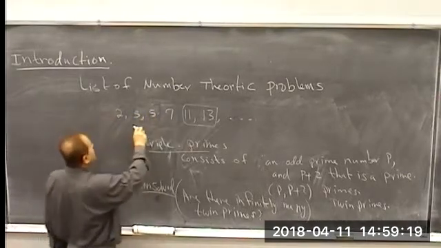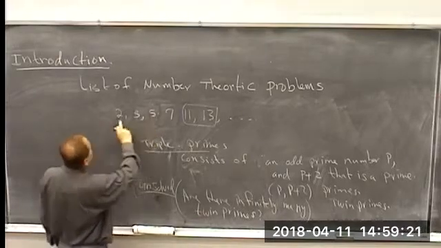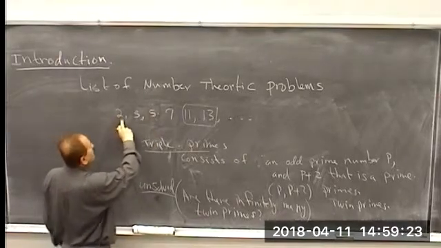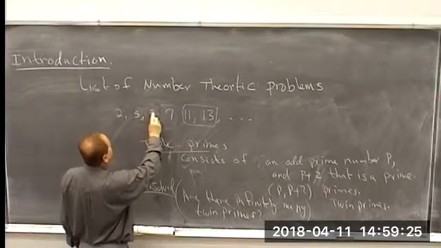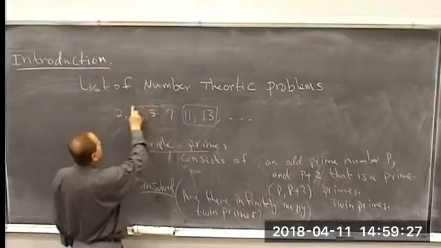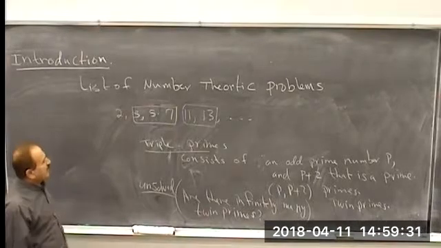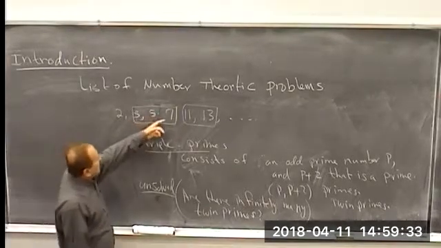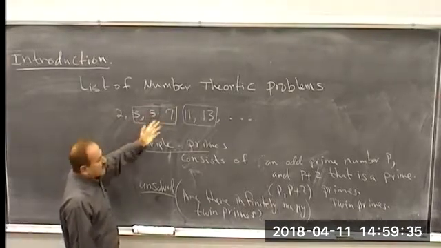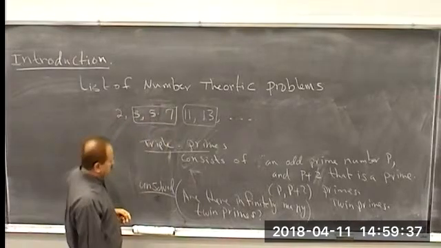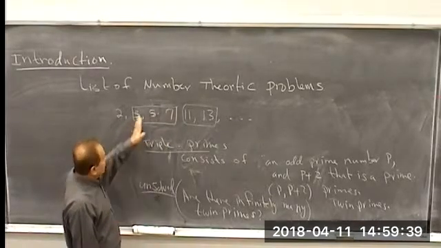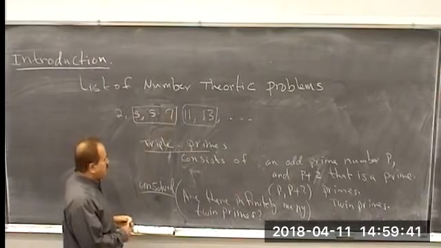Well, in fact, the 2 here is not going to work, but you can say that 3, 5, 7 is a triplet. They differ by 2. In other words, they are next to each other as odd numbers. And they happen to be, of course, all primes.